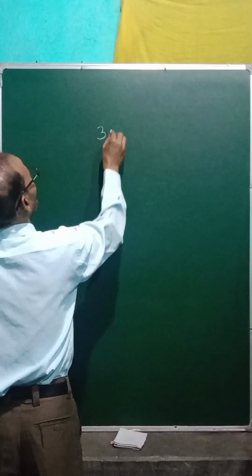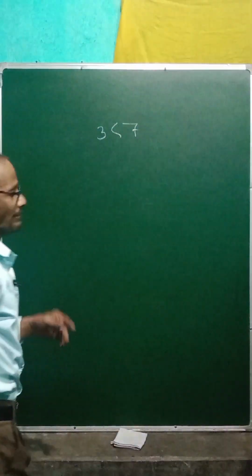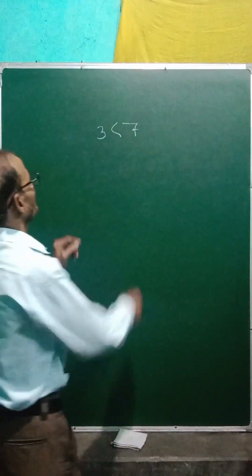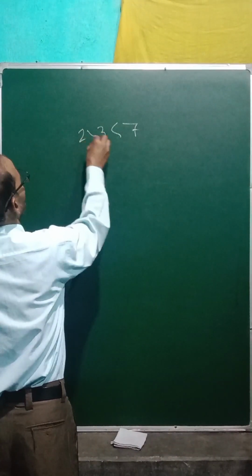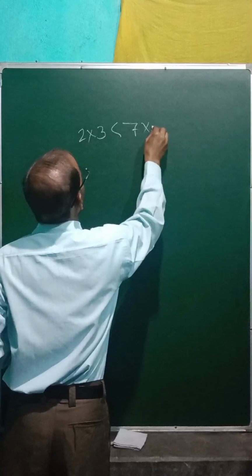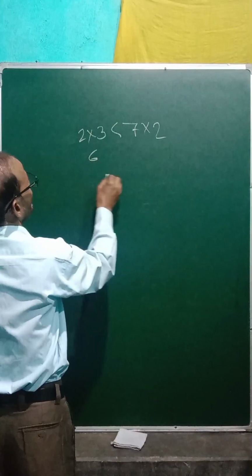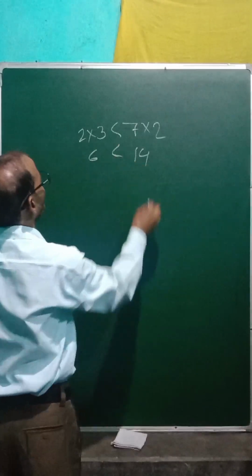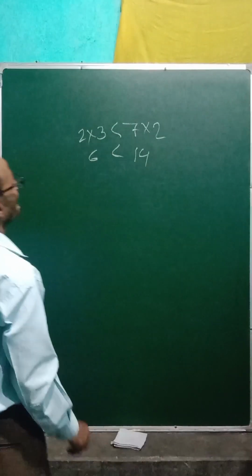Now we come to the case of multiplication. Here 3 < 7. If we multiply by a positive number, say 2, 2 into 3 is 6 and 7 into 2 is 14. Again we see that 6 < 14.